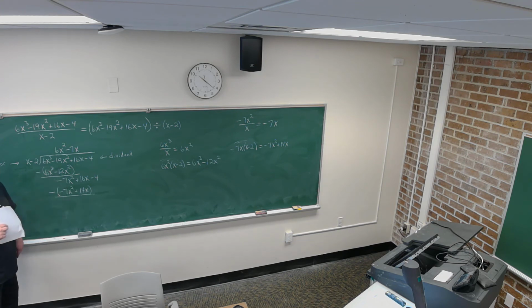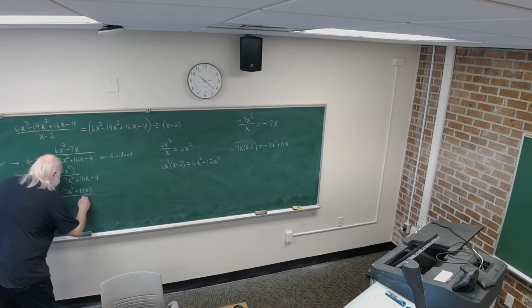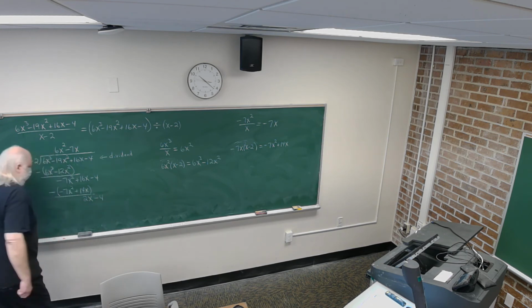You want that to go away, right? The term with x squared has to go away, or you did something wrong. Plus 14x becomes minus 14x, and 16 minus 14 is 2. So we're left with 2x, and then we bring down the minus 4.